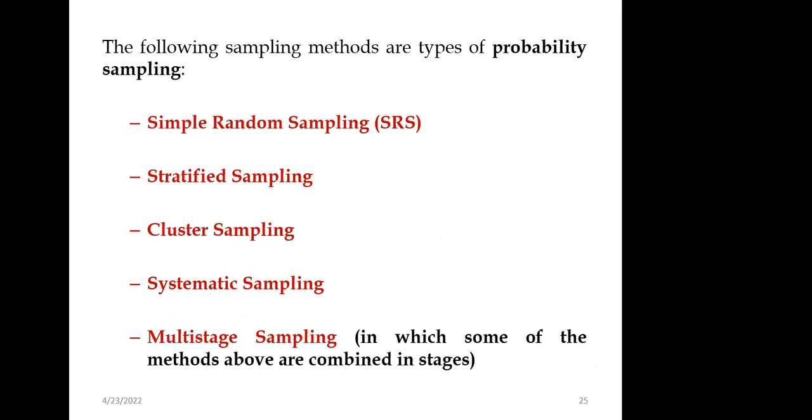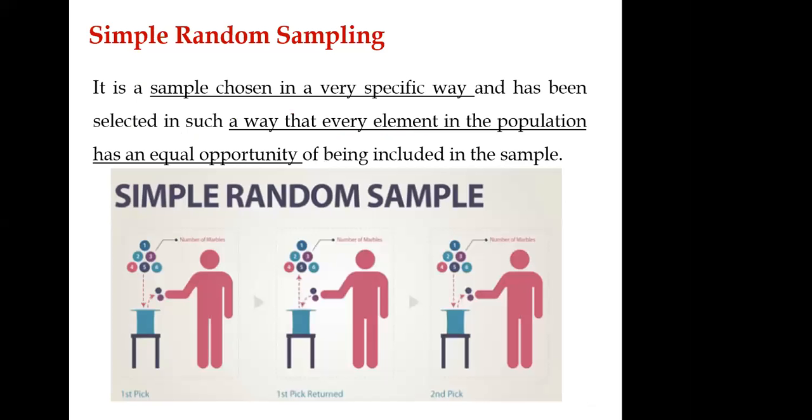In my lectures also I am explaining this, especially for first year and second year students. Simple random sampling means we are selecting samples without any statistical method, without any favouritism.